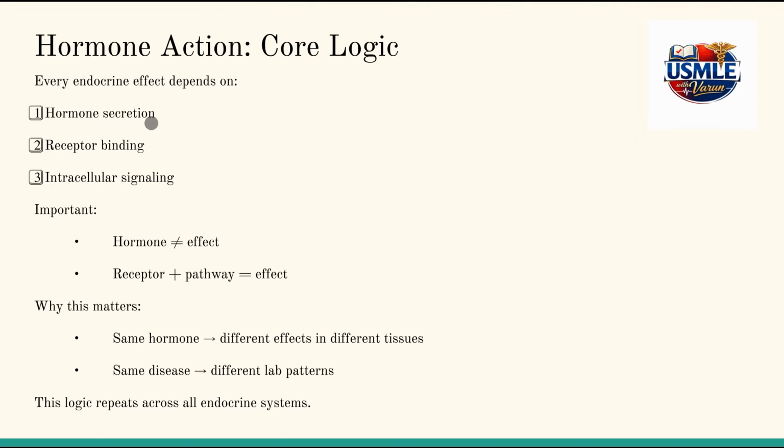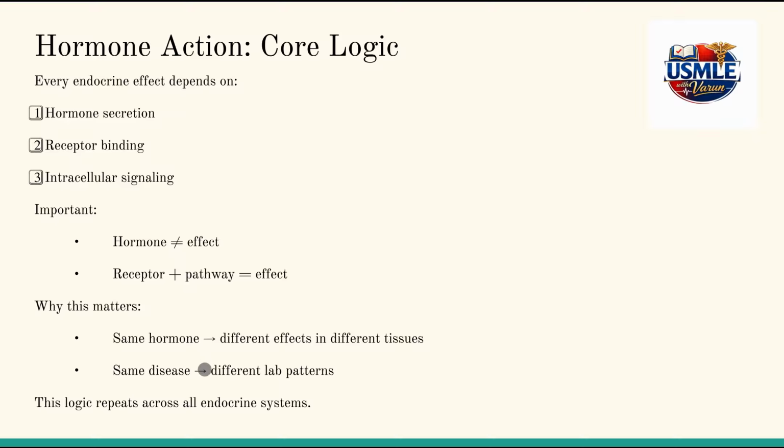So it is very important to understand that hormone level alone does not determine the effect. The receptor and the signaling pathway, as we've already discussed, are important in producing an effect. Receptor and signaling pathway together produce an effect.